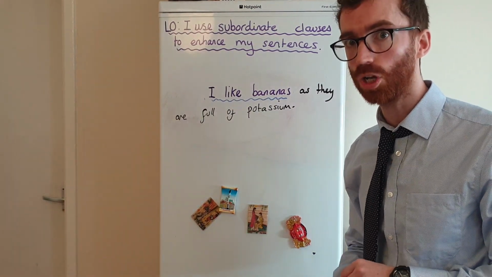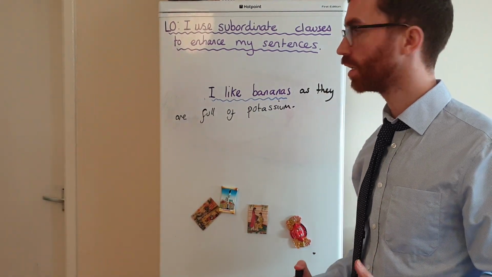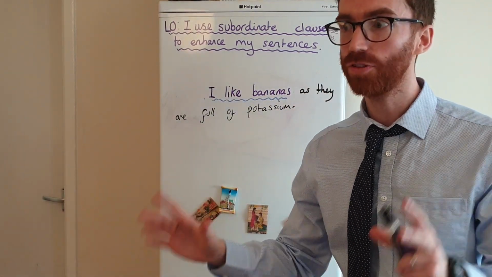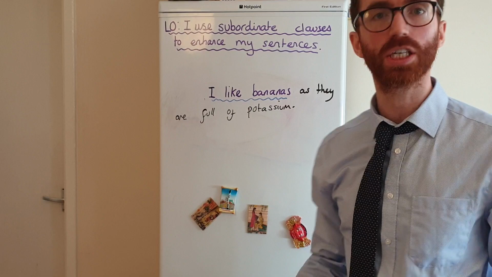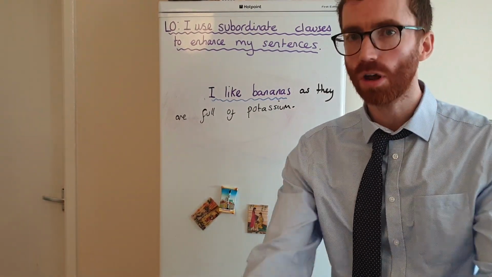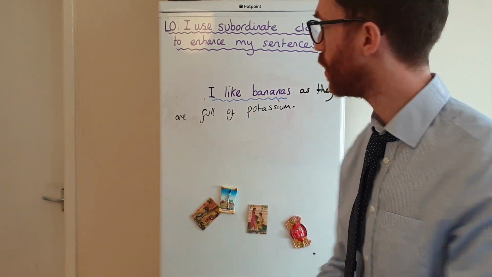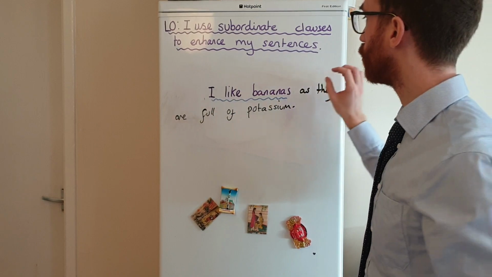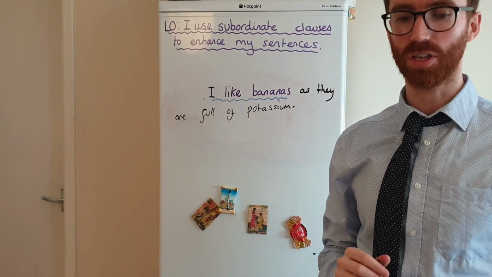Make sure, especially when you're on lockdown, you're getting lots of fruit and veg. I like bananas as they are full of potassium. As they are full of potassium does not work on its own. You cannot say, as they are full of potassium, because you don't have a subject. What is full of potassium? Well, I like bananas as they are full of potassium. So there it is, main clause, subordinate clause added to the end.